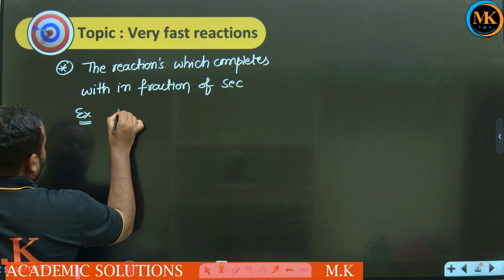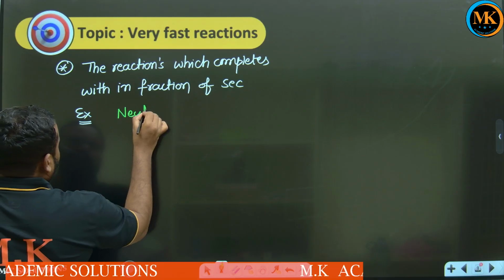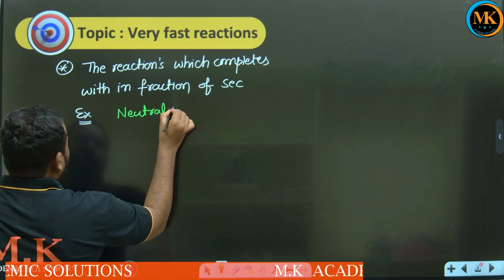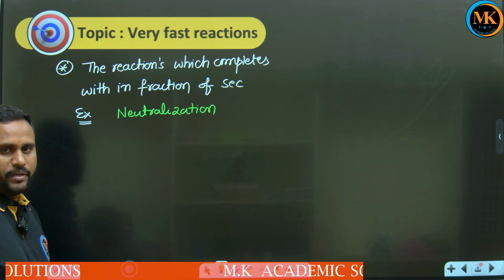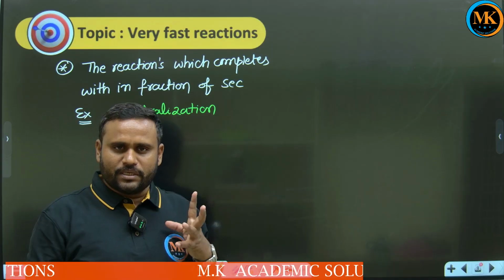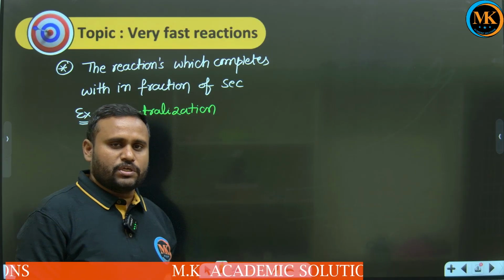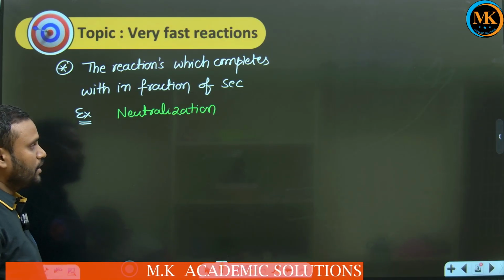For example, neutralization reaction. You know what is the meaning of neutralization? When an acid and base react together, they produce salt plus water. Such type of reactions are called neutralization reaction.